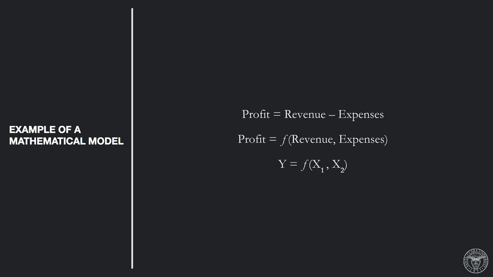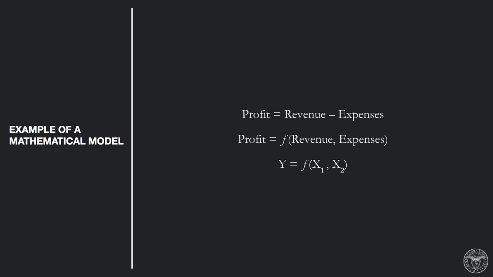And in a more specific way, we can even simplify it to y equal f(x1, x2). This equation becomes very abstract because we use mathematical notation to express the meaning of profit equal to revenue minus expenses as y equal to f in terms of x1 and x2.